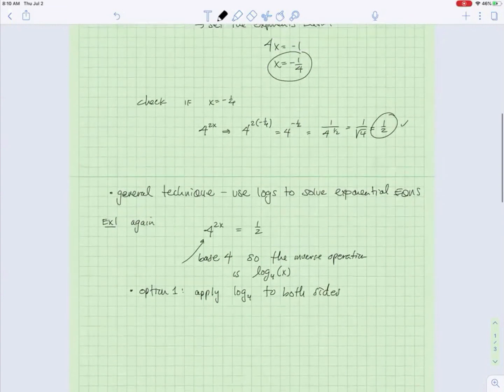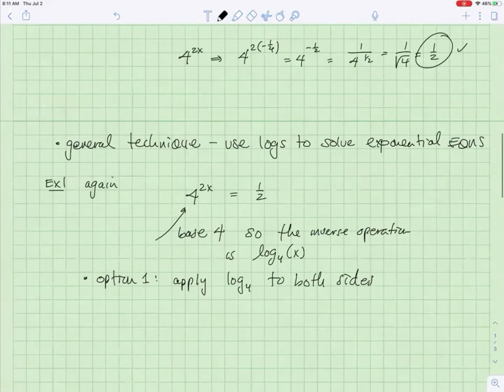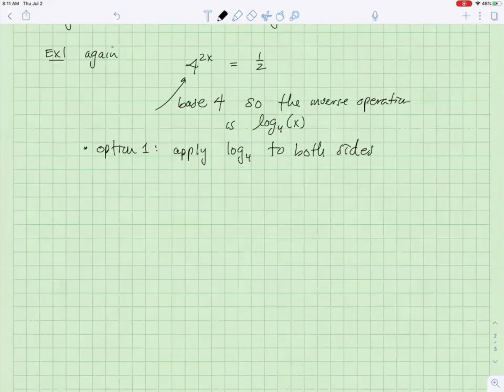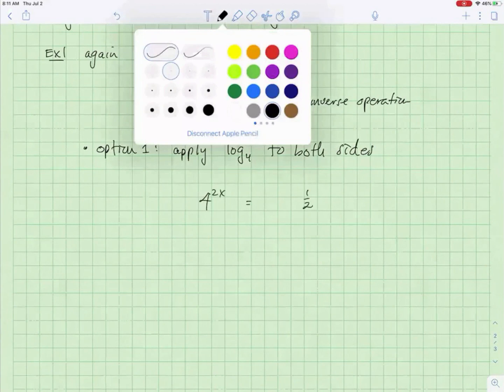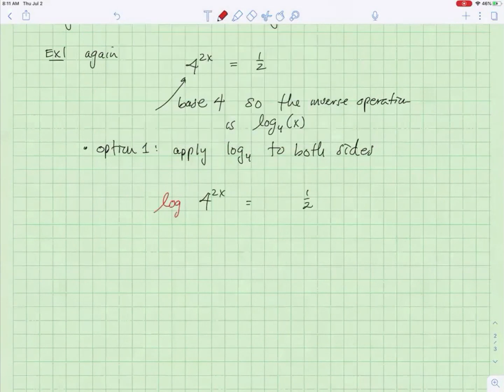Okay. So what we have here is 4 to the 2x is equal to 1/2. And we're going to take log base 4 of both sides.